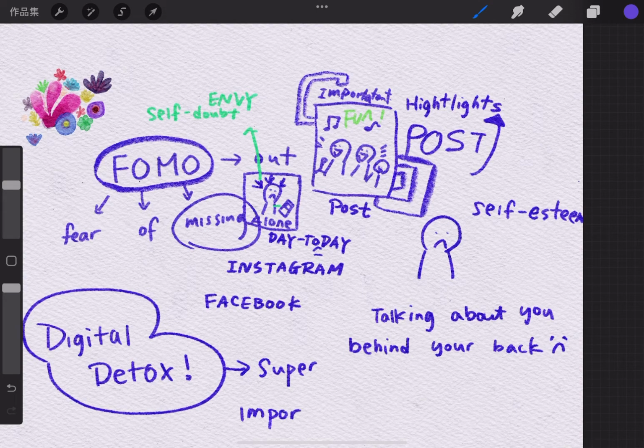And I know nowadays it's kind of hard to do a digital detox, considering we're so used to getting all the feeds and posts and scrolling.